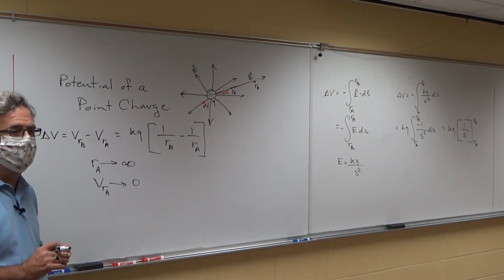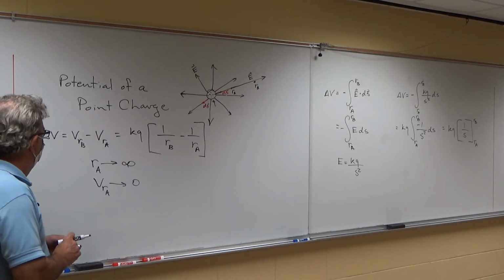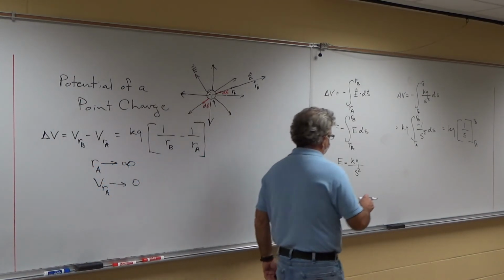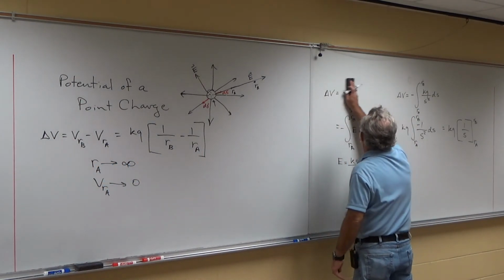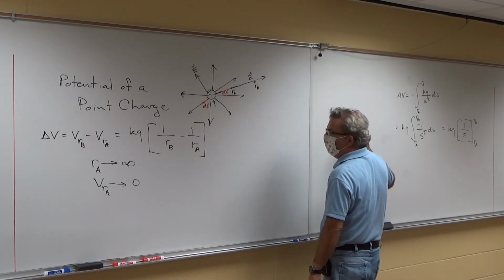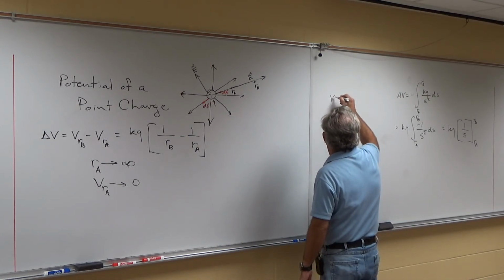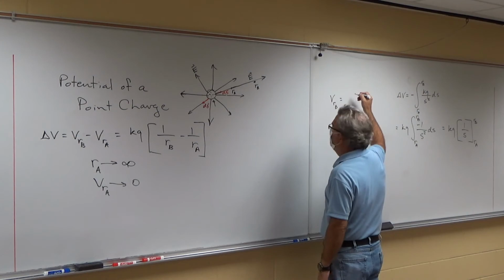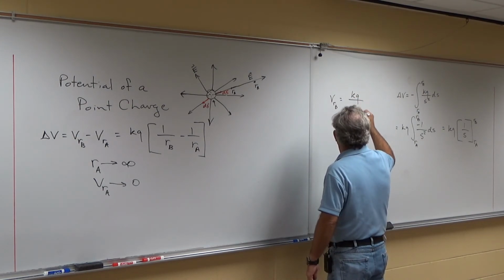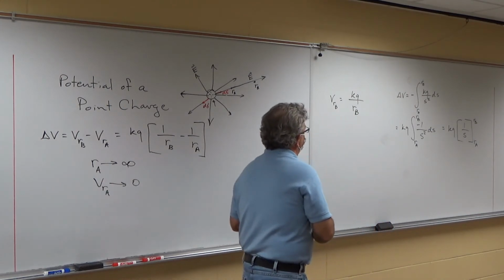That's what I'm wanting to happen. So that leaves me with V at RB is equal to KQ over RB. All right.